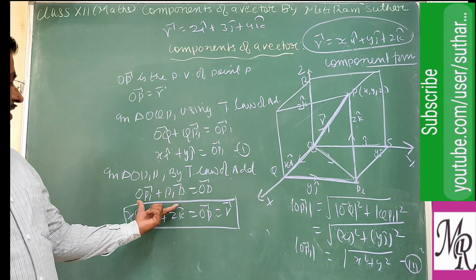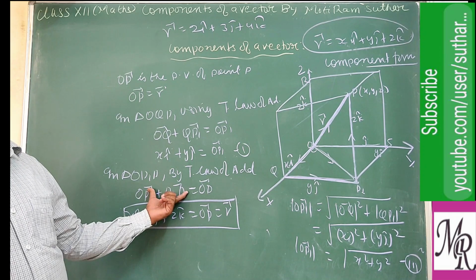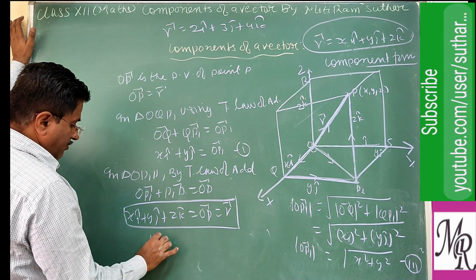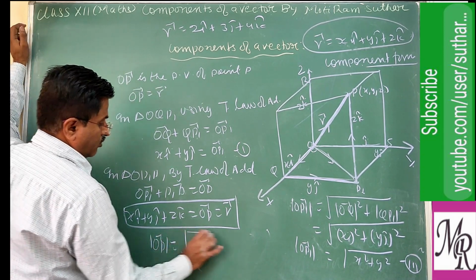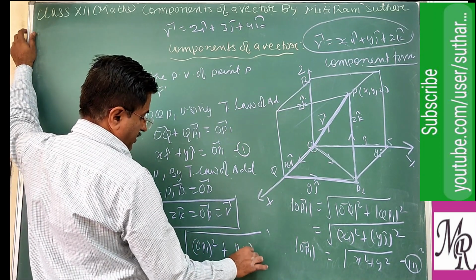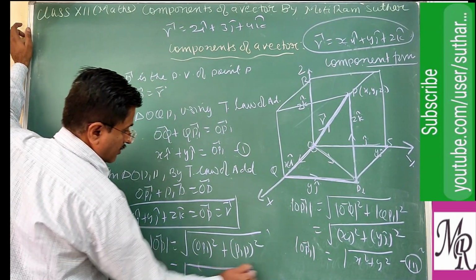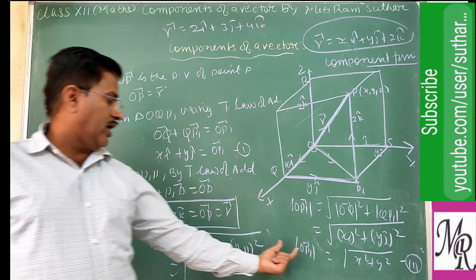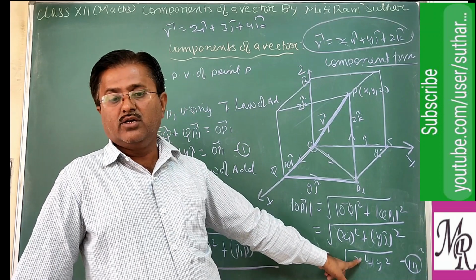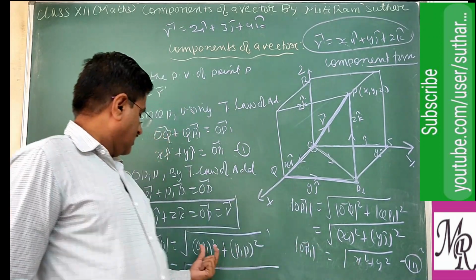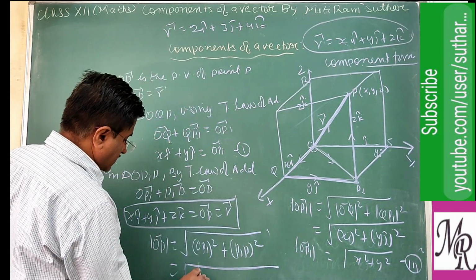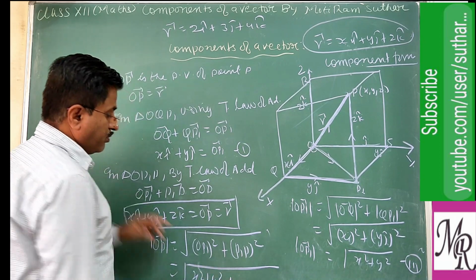Now similarly we can use Pythagoras again. Mode of OP equals root of OP1 square plus P1P whole square. If we take the square on both sides, the square and square root cancel, so OP1 square gives x square plus y square, plus P1P square.